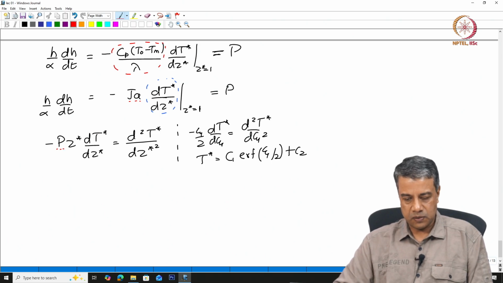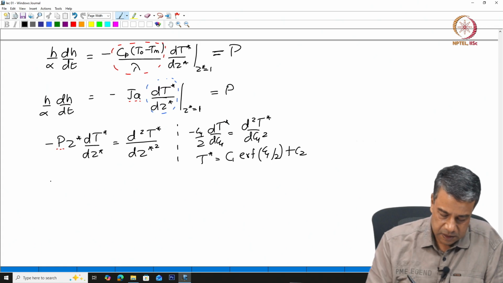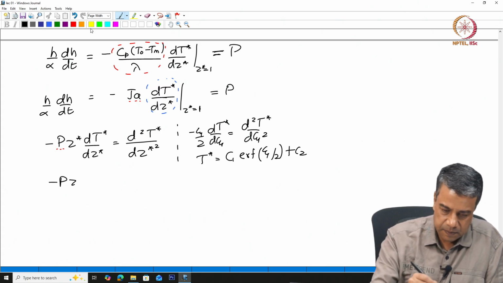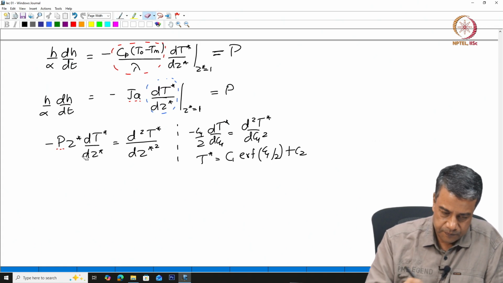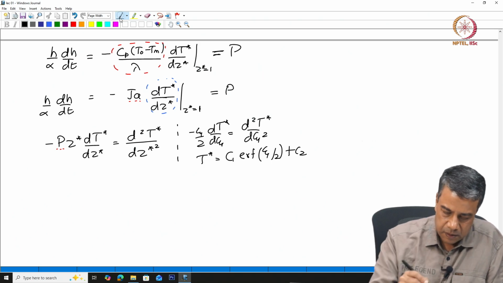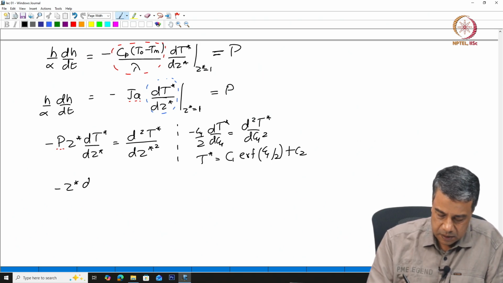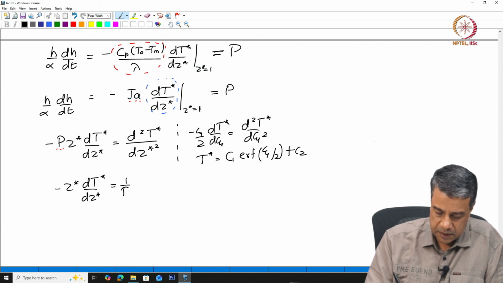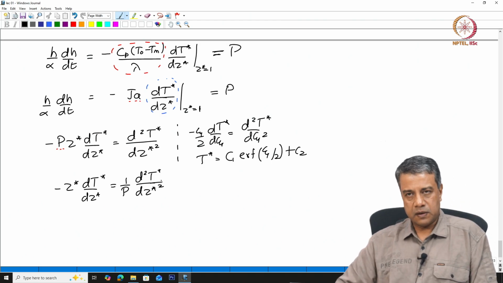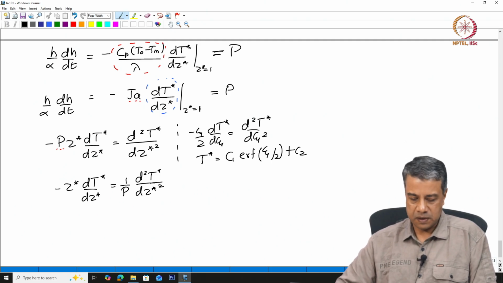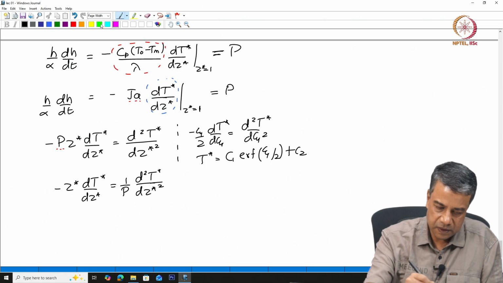Once I scale this, if I define the equation as minus p z star dT star by dz star is equal to 1 by p d square T star by dz star square, and I define a new variable as p power half times z star, then you can see that you reduce to this equation, except this factor of 2 is not there.